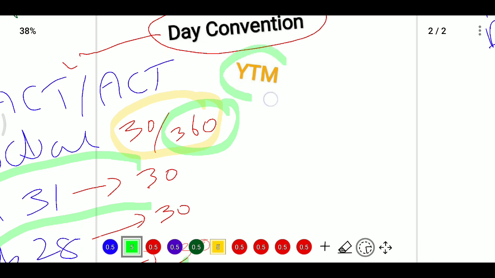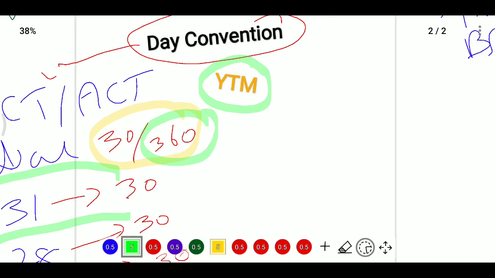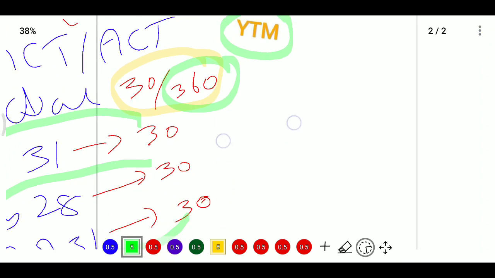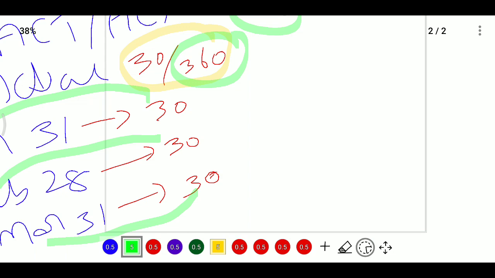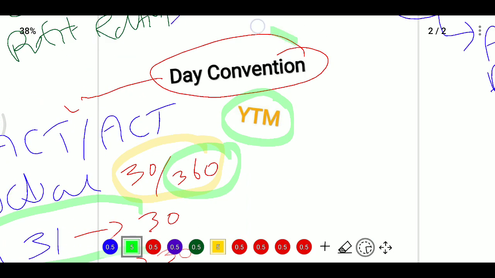If they follow the 30/360 convention, you take all months as 30 days only and the year as 360 days. That is the concept of day conventions. In the next class we will take the continuation.